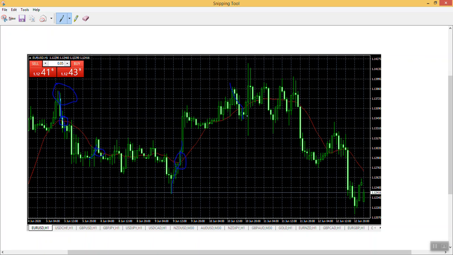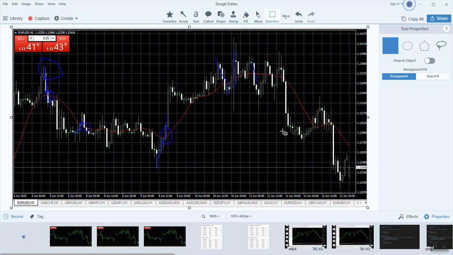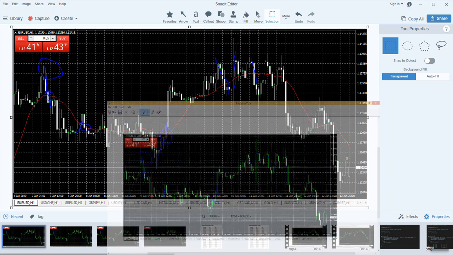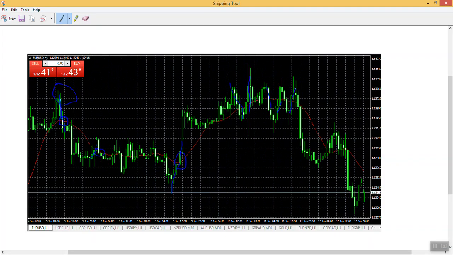Here it crossed from below to above, we buy. Can you see here it crossed from above to below, we sell. Here it crossed from below to above. Can you see? We buy. Here it crossed from above to below the red line, so at the point of crossing we sell.